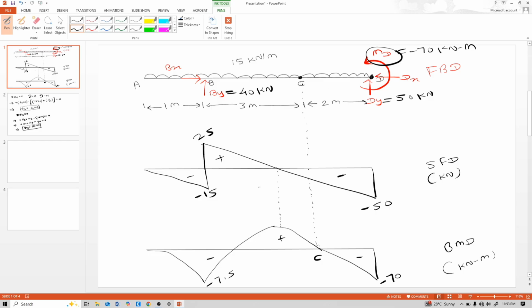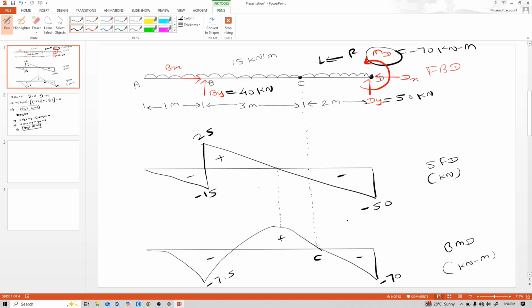And at point C, take moment at point C from right to left. So minus 70 plus 15 into 2 into 2 by 2, again minus 50 into 2 is minus 140, but when we take moment from right to left, change side, so it is plus 140.